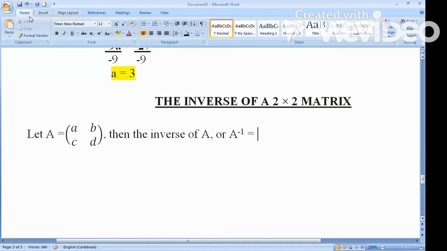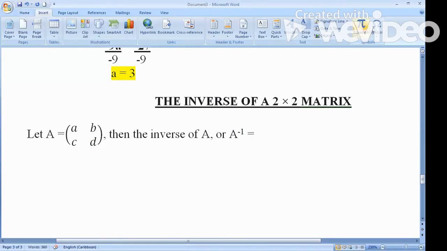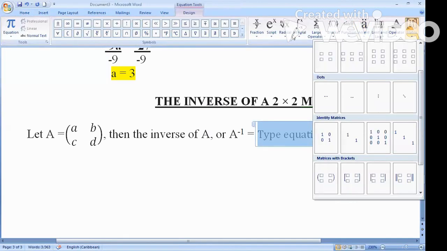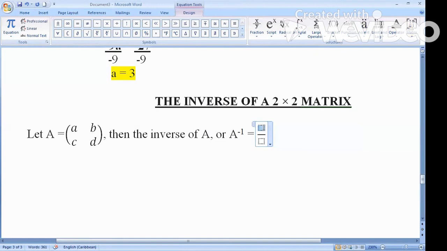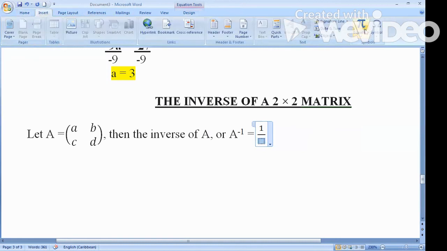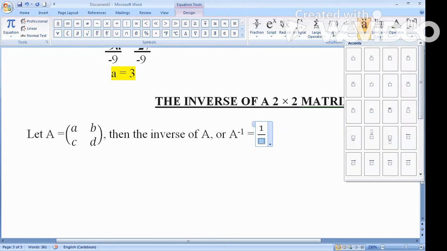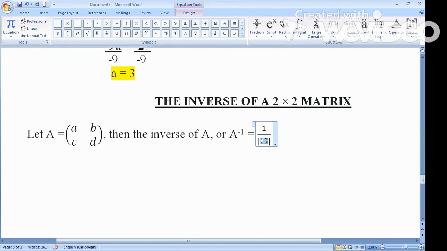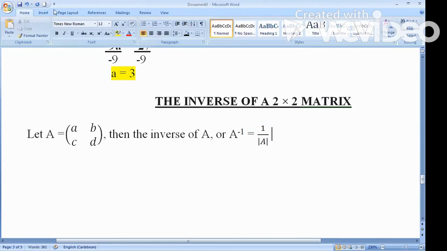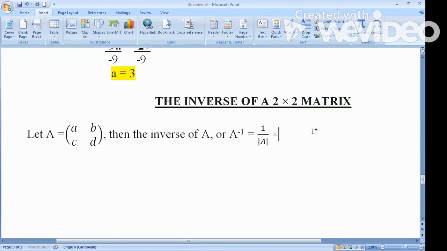All right. So the formula is 1 over the determinant of A multiplied by the adjoint of A. We have covered what the determinant is, not true?